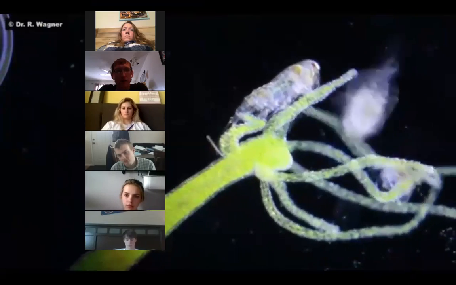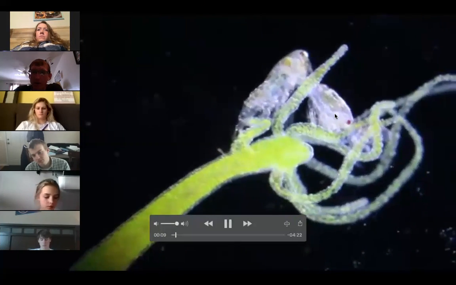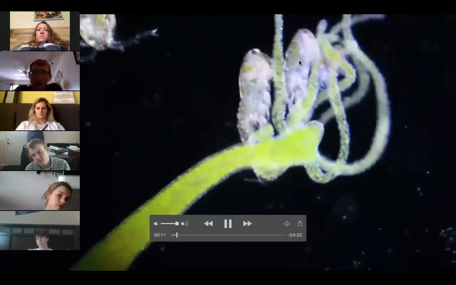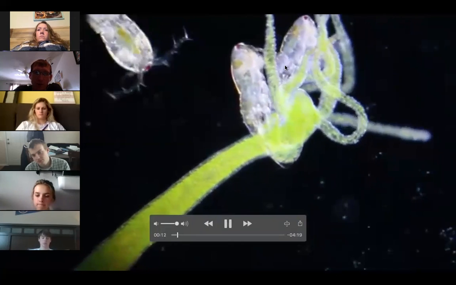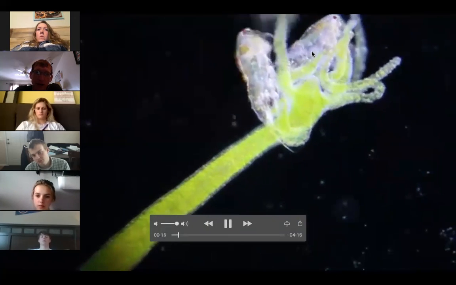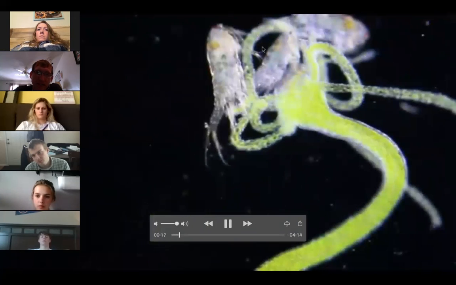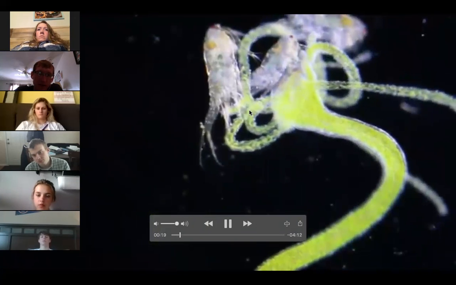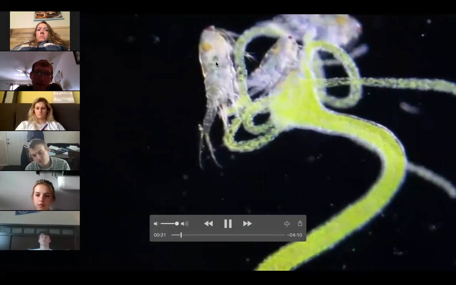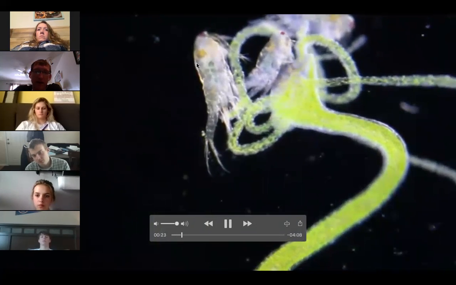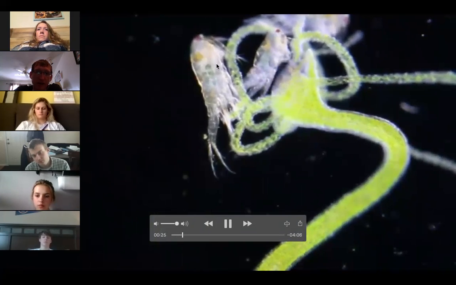So here you have, that's a water flea. So it's another invertebrate. And they swim through fresh water. He has bumped into this hydra, and they have little stinging cells on those tentacles, and he has been stung, and it kind of holds him in place and paralyzes him.